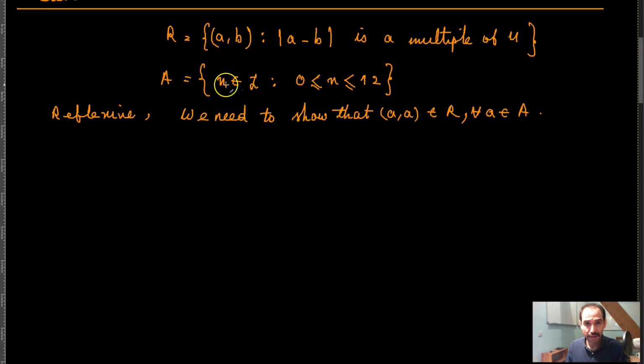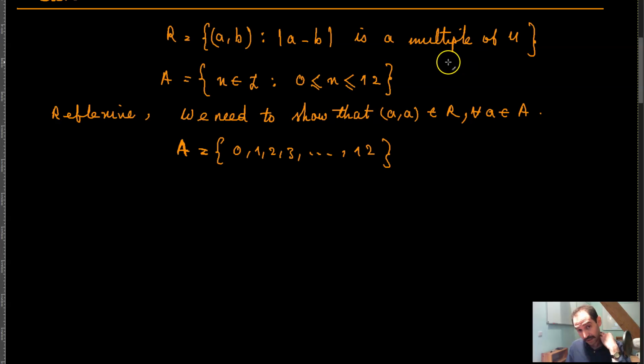So let's first write down this set A. Based on the definition of this set, A is equal to 0, 1, 2, 3, all the way up to 12, right? Which means that R is going to be the set of all of these ordered pairs such that A minus B is a multiple of 4, right?